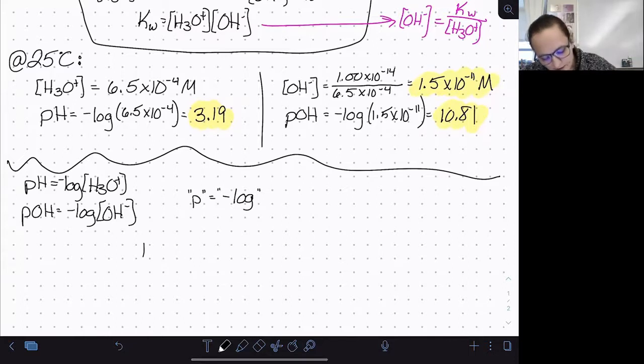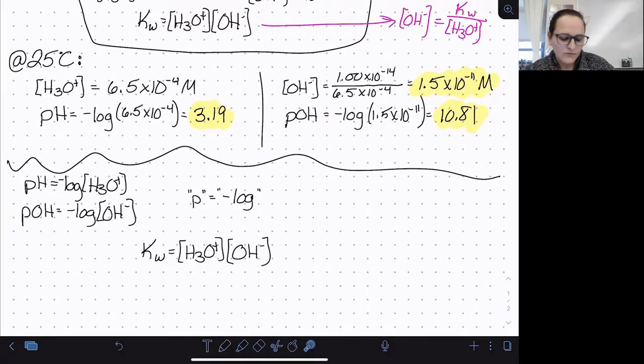So if we think about this equilibrium expression that we wrote for autoionization, it has hydronium, it has hydroxide, which are related to pH and pOH respectively in the same way, that they're both negative log relationships. So let's imagine what would happen if we took the negative log of both sides.